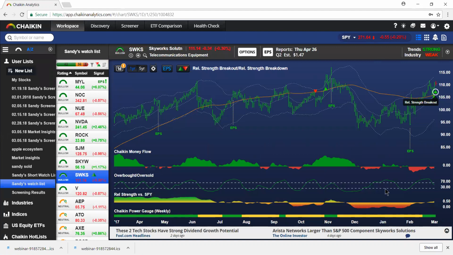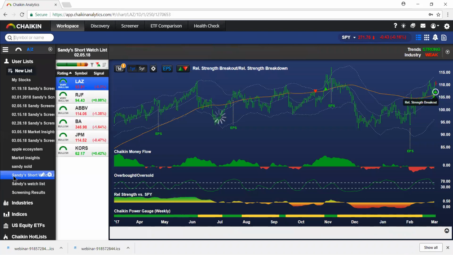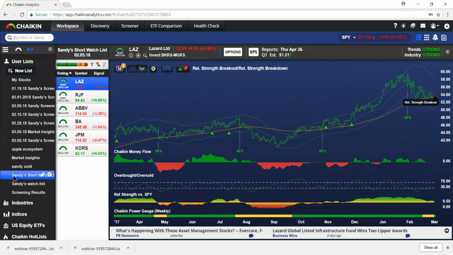So that's pretty much how I find bullish stocks and how I sort through them every day. What I did back in early February, I created what I call a short watch list. Let's look at that. These were the stocks that, a month ago, I thought I really wanted to buy.